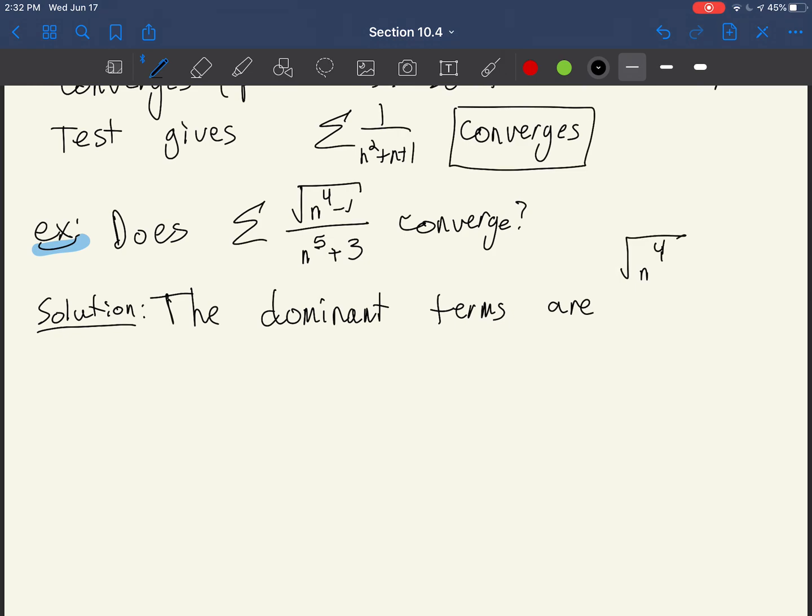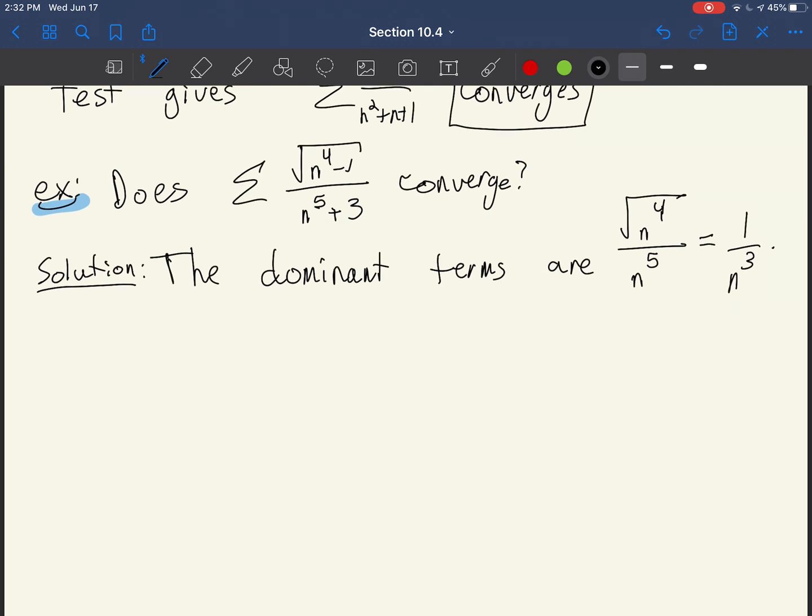So we have the n to the 4th, but it's still under the square root. The denominator, the n to the 5th, will win. So we have divided by n to the 5th. And this is just 1 over n cubed. So we want to compare our sequence to 1 over n cubed.